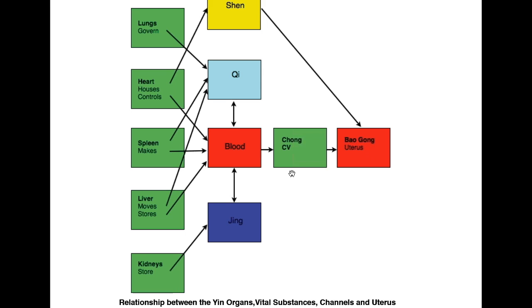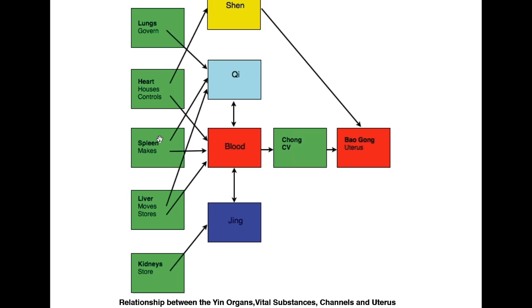Okay, and this is kind of how it works. I'll just mention Shen in a minute. Basically, let's start at the bottom because this is kind of the most important. The kidneys store the Jing, and the Jing underpins the kidney energy, Yin and Yang, which is also connected to the production of blood.